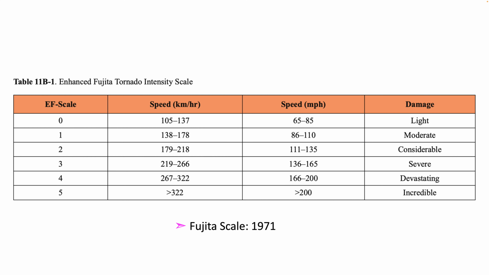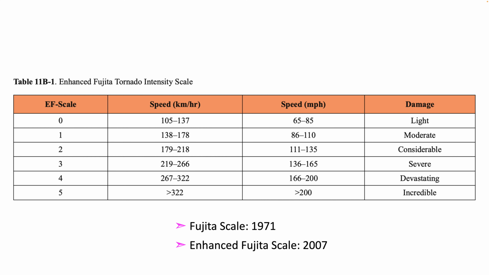A lot of research went into refining Fujita's original scale, and that led to what we see here in Table 11b1, the Enhanced Fujita scale, which was published in 2007 and is what we use today.